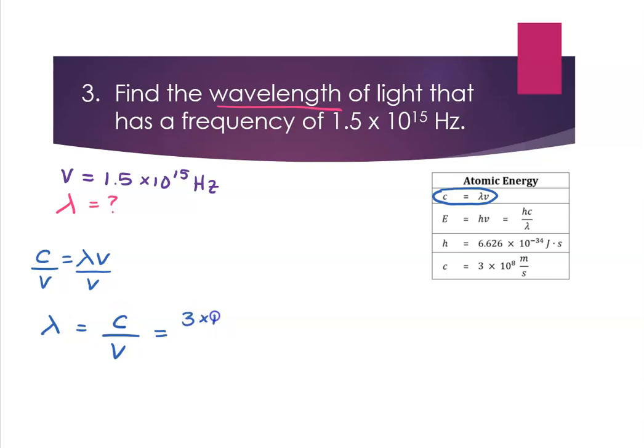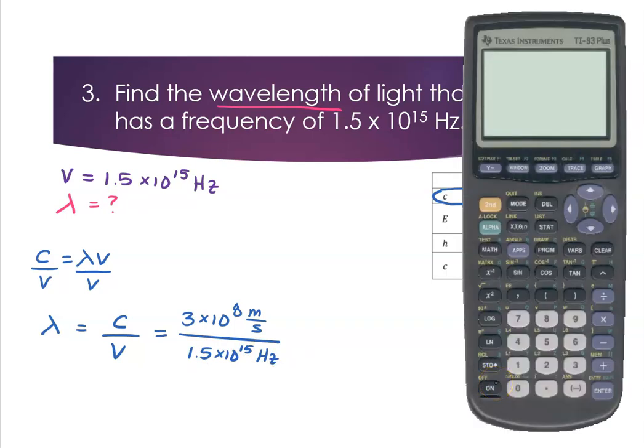c is 3 times 10 to the 8th meters per second, and v is 1.5 times 10 to the 15 hertz. So we'll put this into the calculator. 3 times 10 to the 8th divided by 1.5 times 10 to the 15th, and I get 2 times 10 to the negative 7.